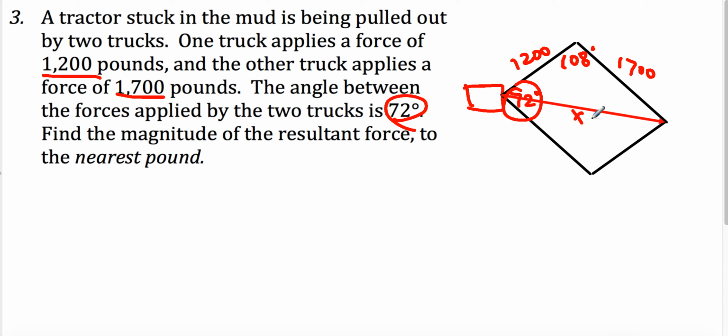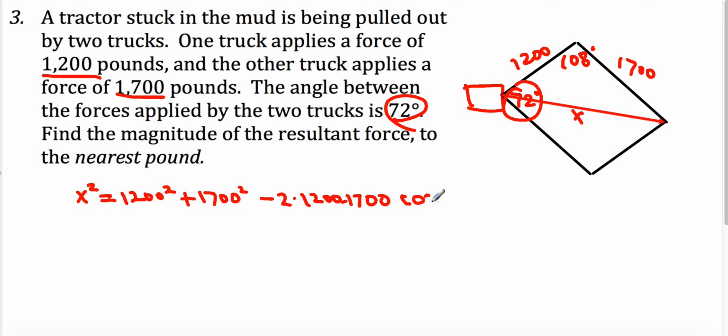So how are we going to do this? Once again, 3 sides and an angle, we are looking at the law of cosines. So we get x squared is equal to 1,200 squared plus 1,700 squared minus 2 times 1,200 times 1,700 times cosine of 108.